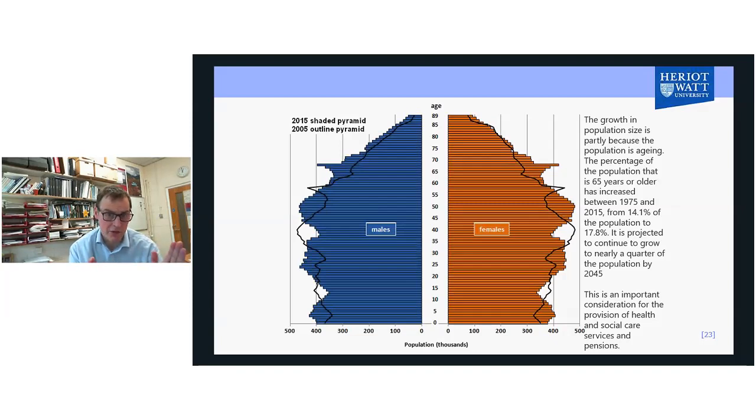So the challenge facing governments and water supply companies, and actually every sector, is how we get more productivity out of younger people to help pay for this growing part of the population which is less economically active.